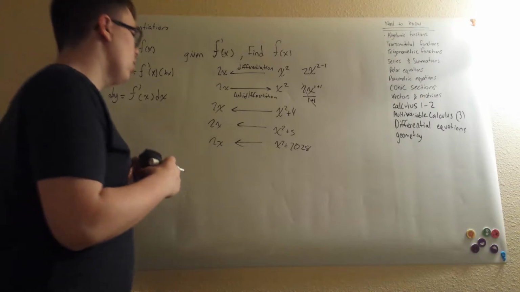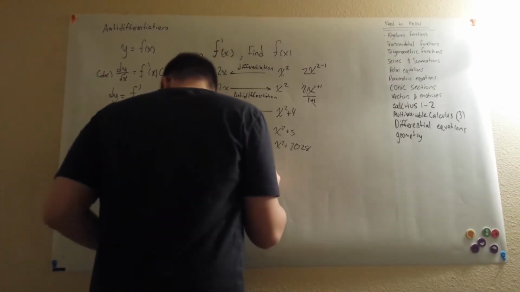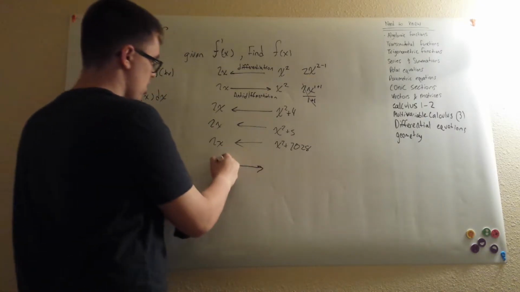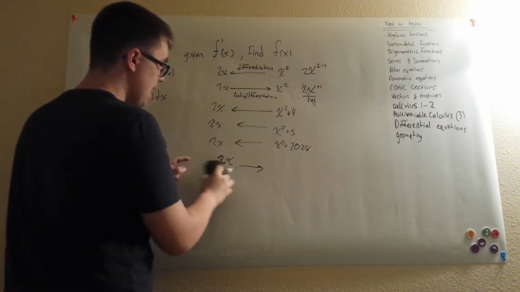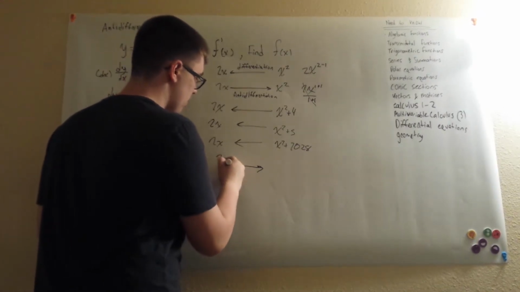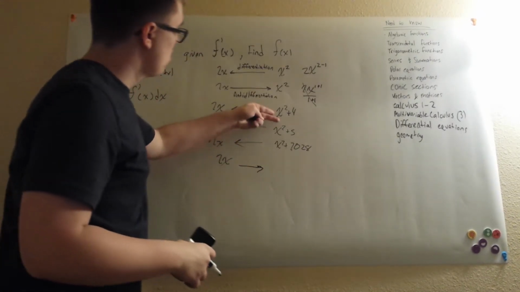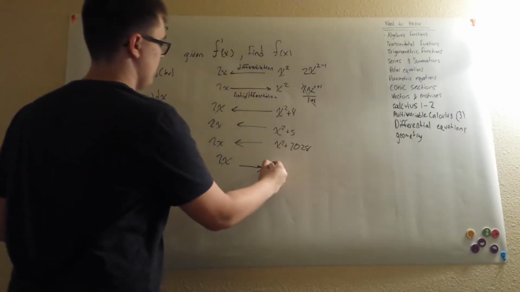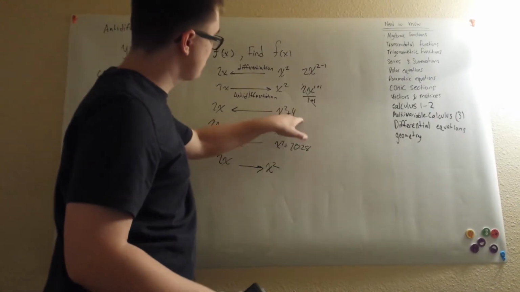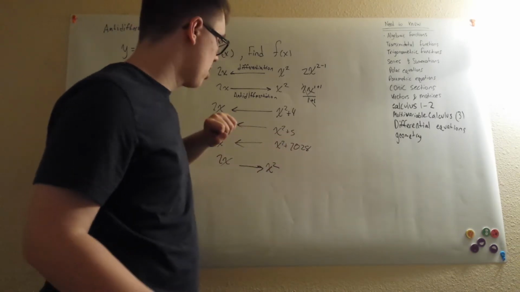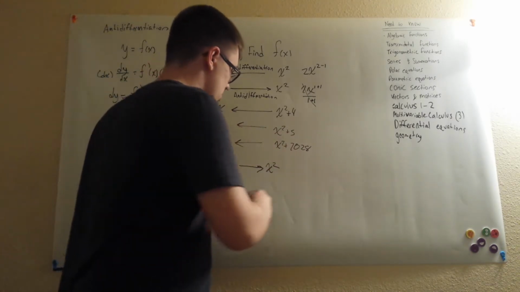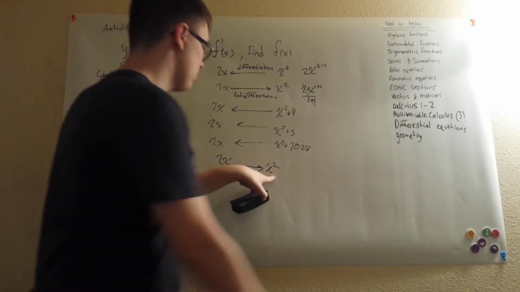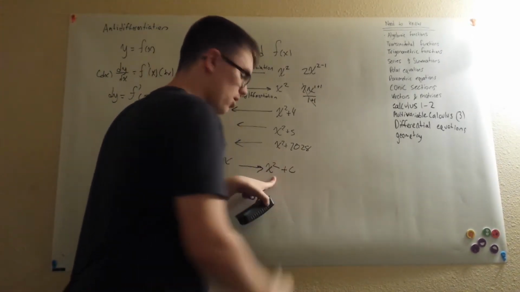So when I go the opposite way of any function whose derivative is 2x, it's basically x squared, right? All of these will have to have an x squared plus a number. So what we just write is we say, well, the antiderivative of 2x is x squared plus a constant c.